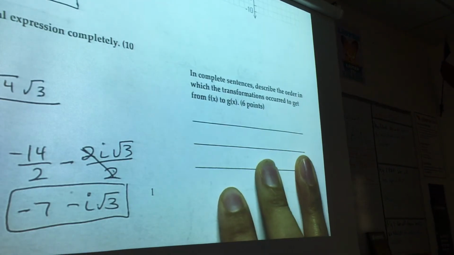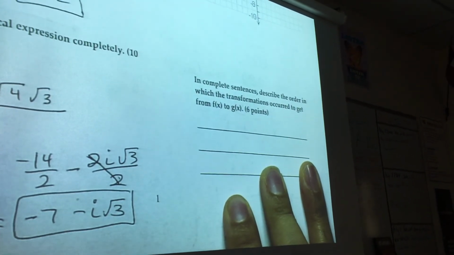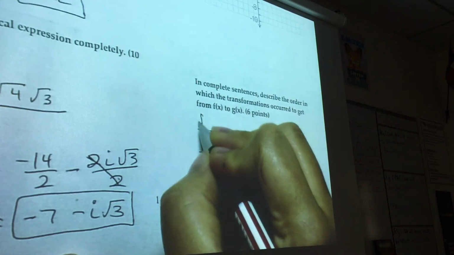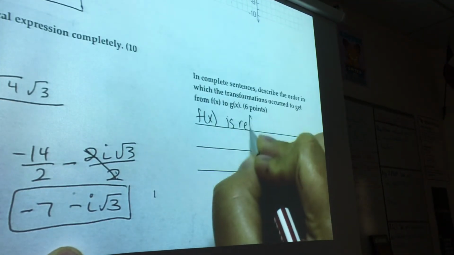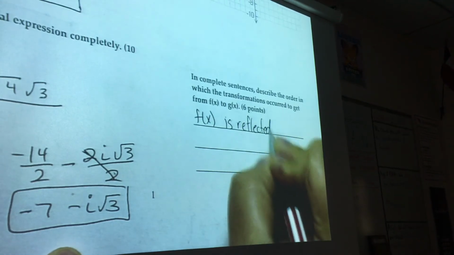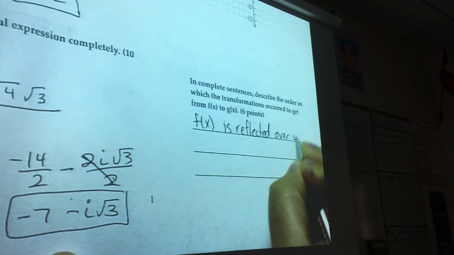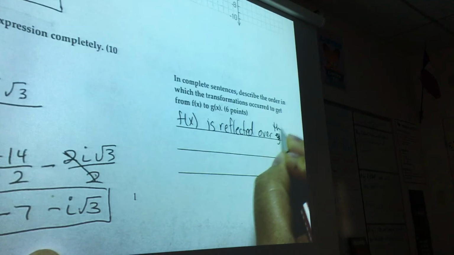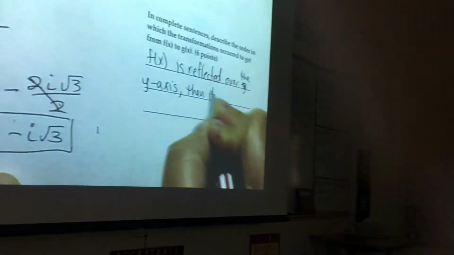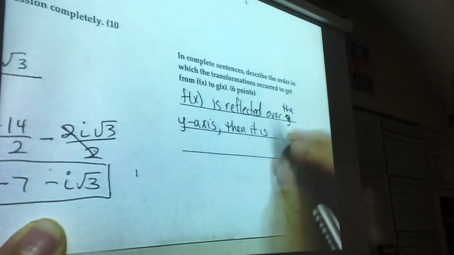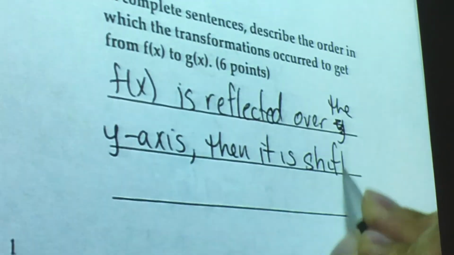So the correct way to say this is f of x is reflected where? Over who? Reflected over the y-axis. Then it is shifted which way?